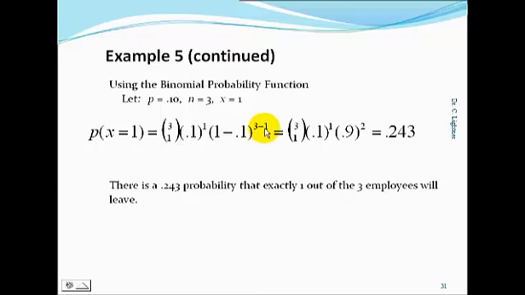Remember to simplify this expression before entering it into your calculator. When you enter it in your calculator, you should obtain 0.243. So there is a 0.243 probability that exactly 1 out of the 3 employees will leave the company.